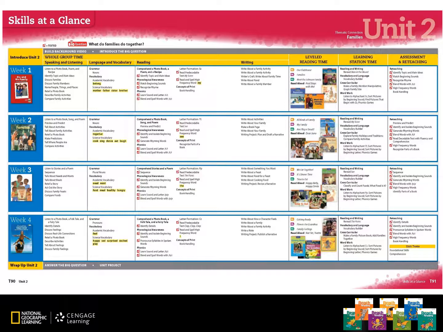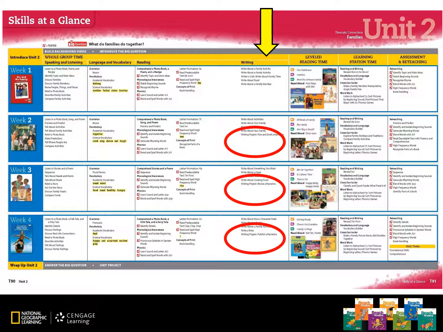Reach for Reading shows all the writing skills broken down by week. Students write daily in lessons that focus on specific skills, and the writing project is displayed on weeks 2, 3, and 4. These projects provide further opportunity to learn writing behaviors and build community in the classroom.